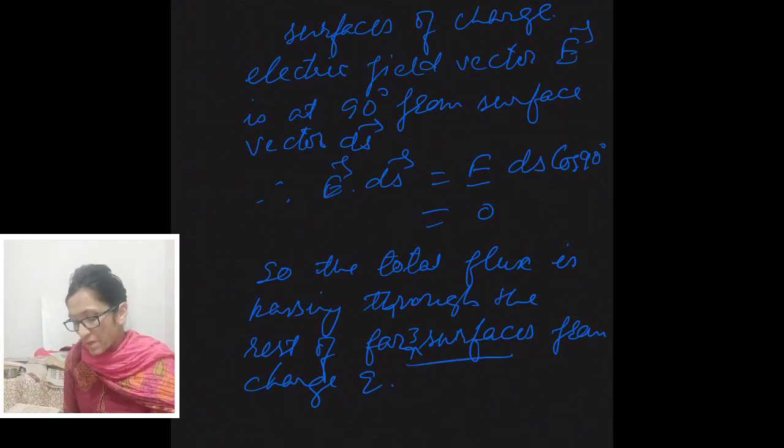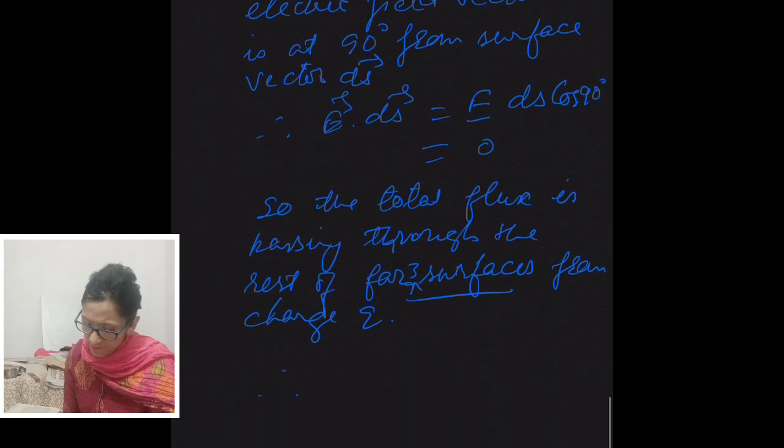So total flux is passing through the rest of the 3 surfaces.